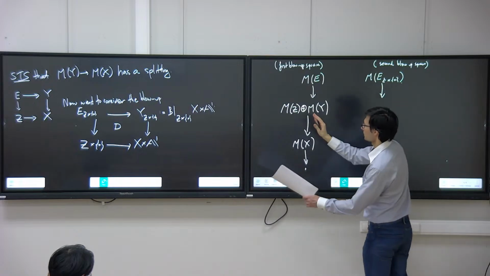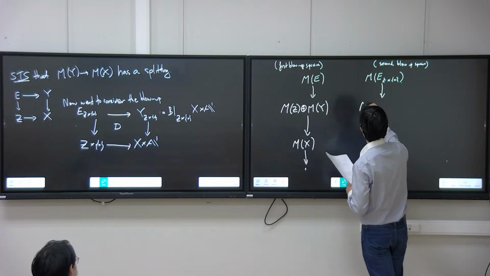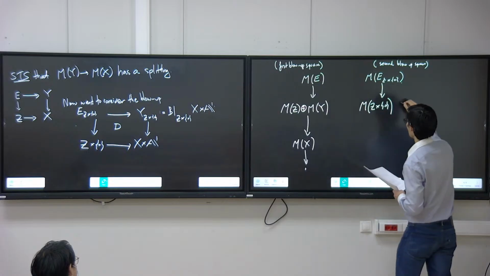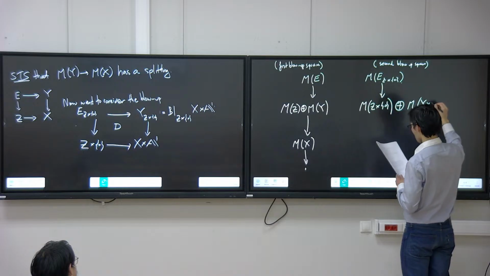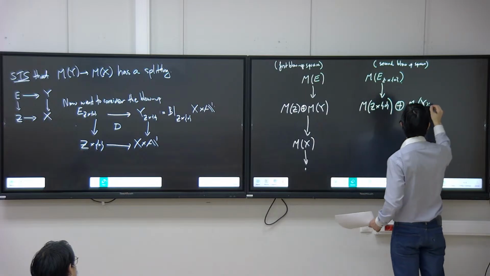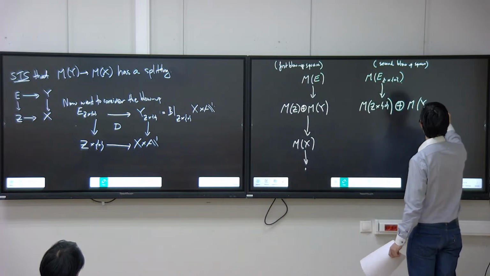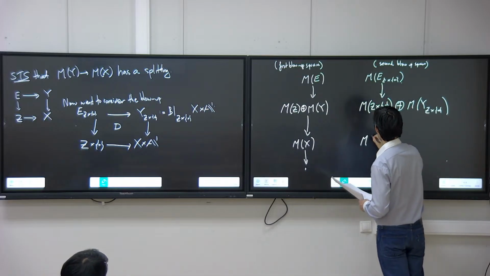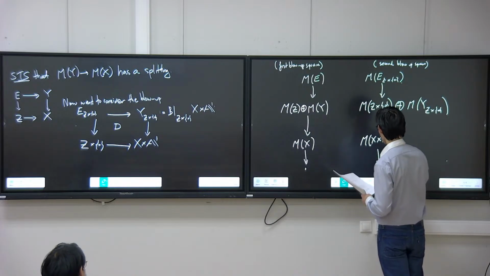At the moment, I'm not implying any relationship with the first one. M of Z times 0 plus M of Y times, wait, M of Y, yeah, Z times 0. Right? Yeah. And M of X times a1. Okay.